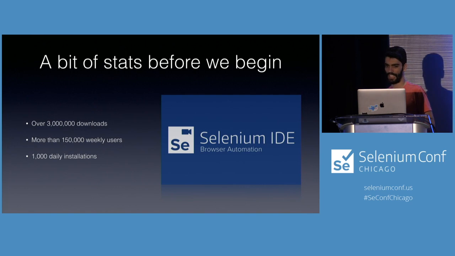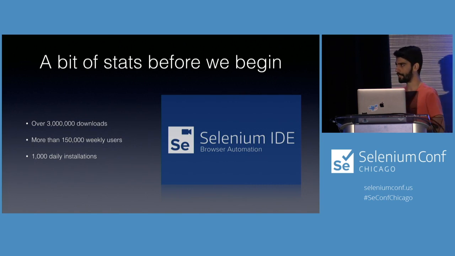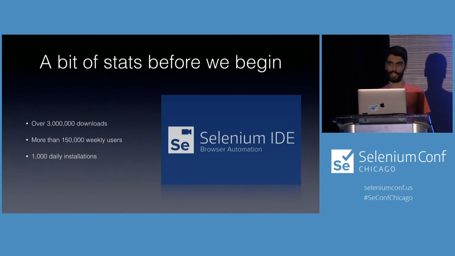So just a little bit of stats. We've got over 3 million downloads ever, and that's only the Mozilla version of it. Chrome doesn't really let us get that stat. And we have 150,000 weekly users, that's Chrome and Firefox combined, and 1,000 daily installations, that's both of them combined. And other than that, we've got about 20,000 users still using the legacy IDE.